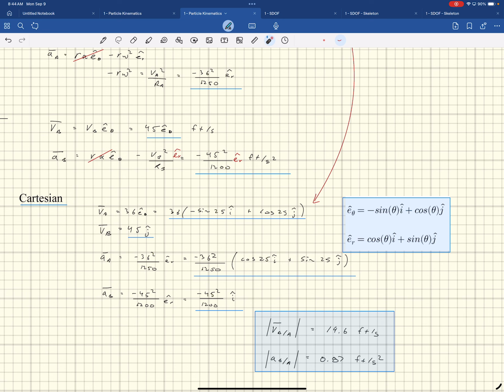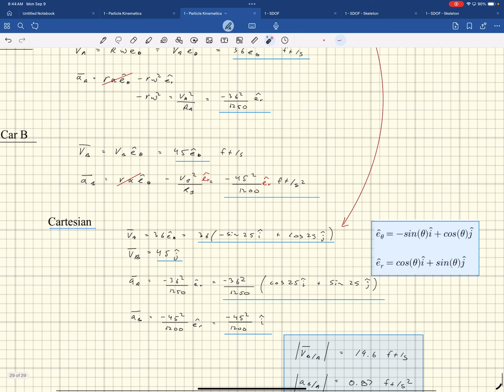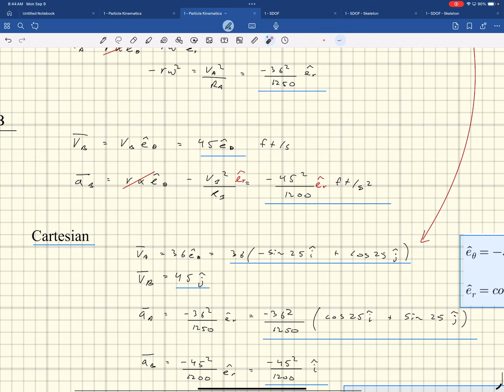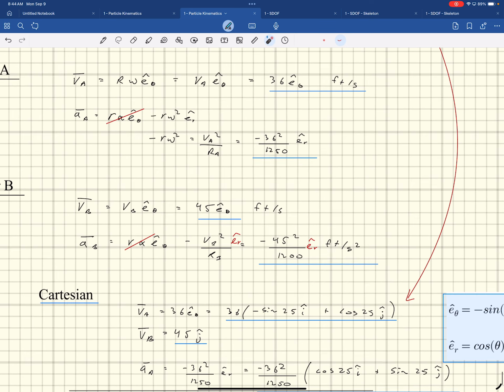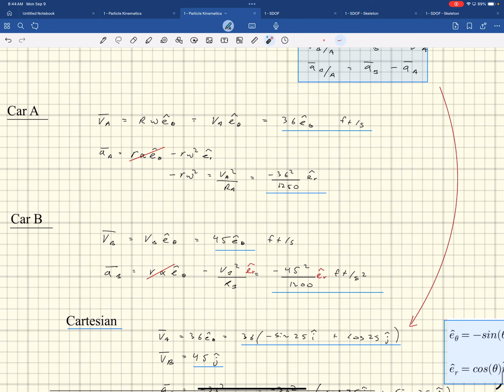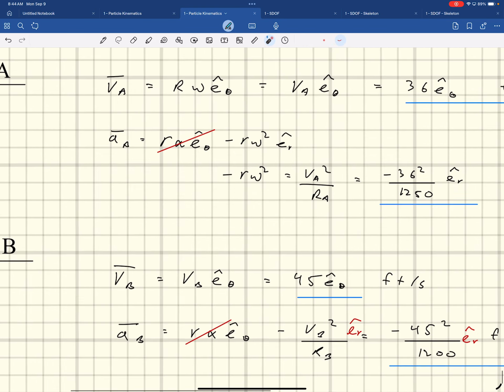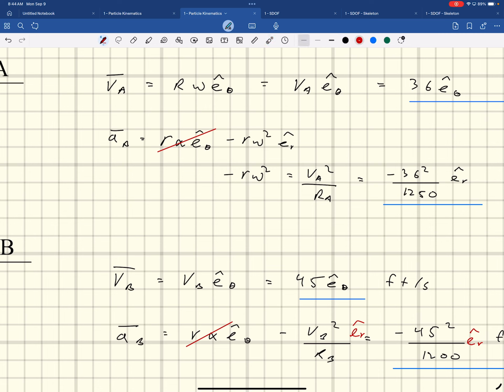Yes, Nate Dog. Under car A, when you wrote the acceleration, was that supposed to be acceleration of A or B? Well, I wasn't done yet, Nate Dog, but let's go up and see what I maybe did. So under car A. Oh, I said AB. You just can't read my writing, Nate Dog. This is A. It was just bad handwriting.